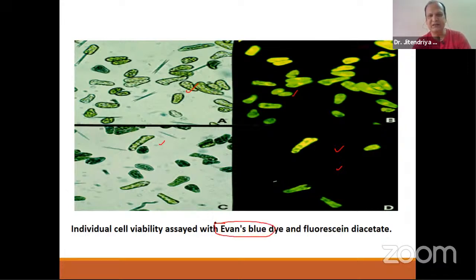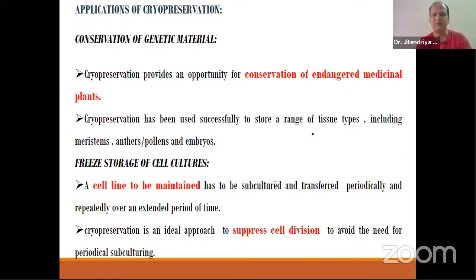So looking at that, you can say that these are the dead ones, whereas these green ones are the living ones. So fluorescein diacetate makes the cells fluorescent. It will produce a green appearance, and accordingly you can say which is dead and which is living.